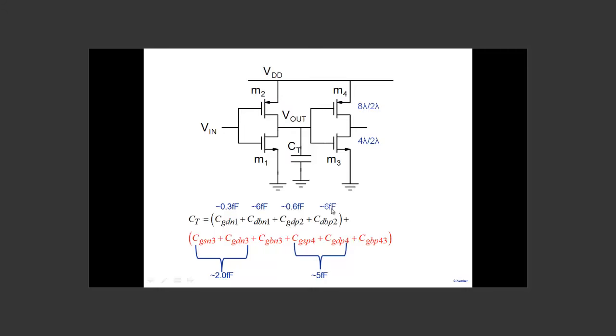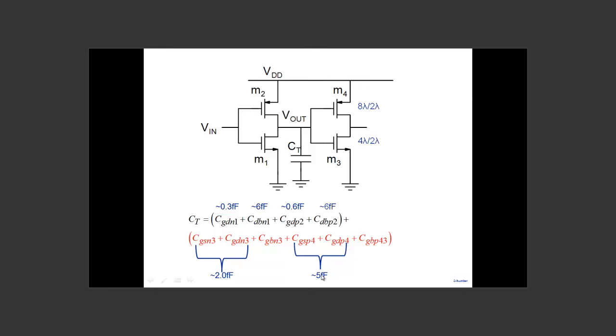So you can see that the inverter itself contributes 6 plus 6, 12, at about 13 femtofarad. That comes from my inverter itself. And the load part here, these two together add up roughly to the gate capacitance. When I look into my transistor here, the gate capacitance is about 2 femtofarad, 2.5 or so. The gate to source of this one is about 5 femtofarad here.